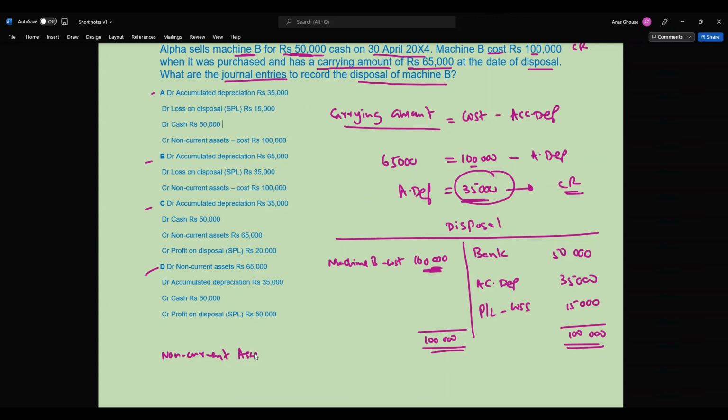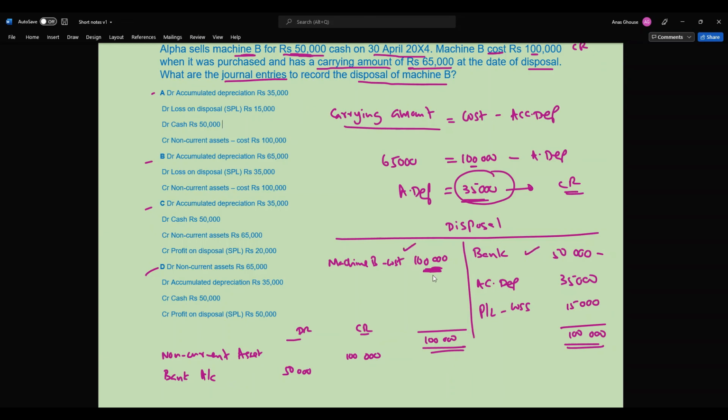Then the bank account has to be debited with 50,000, while in the disposal account it's credited.